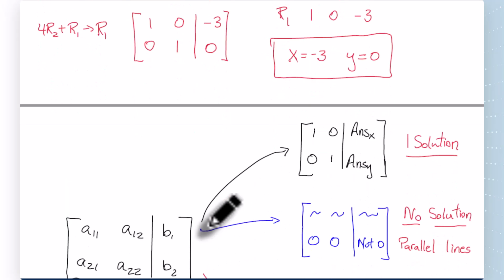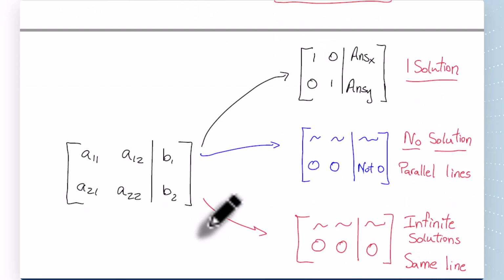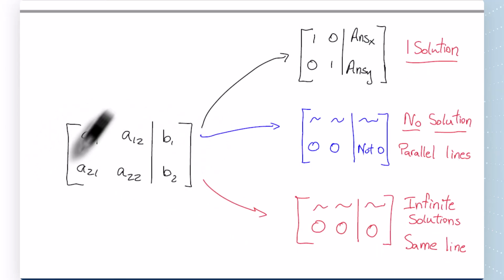Now, looking at that, that's what I'd like to have happen. So here's my matrix for my 2 equations and 2 unknowns. I'd like to make 1, 0, 1, 0, and then I'll get my answer for x and for y.